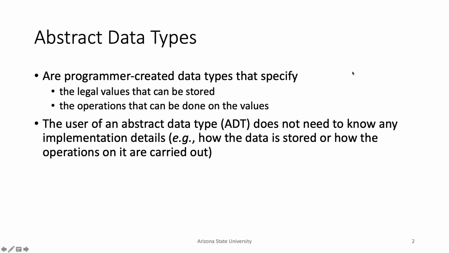But if we want to have an ASU student, what are the things that we want to keep data on? Well, the name of the student, the GPA, the student ID number. Those are the things we may want to keep as data for the student. But what are the ways we want to operate on this one student?